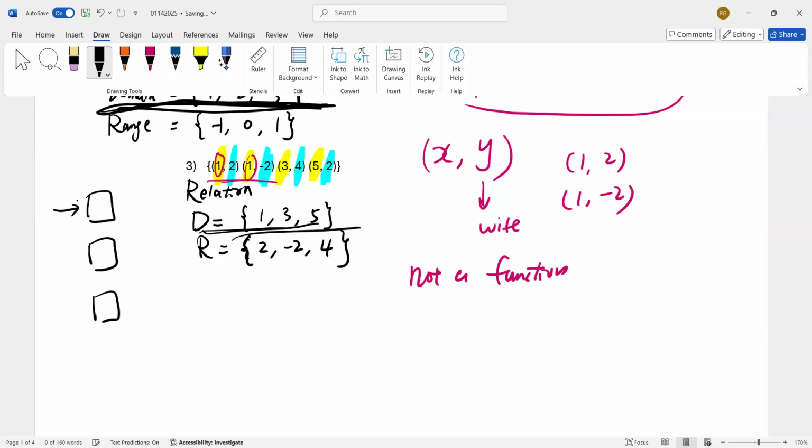If we give the machine input 1, we would have 2 different outputs, right? 2 and -2. So we don't even have to continue. The machine produces 1 output for input 3, 1 output for input 5, but for input 1, the machine produced 2 different outputs. So that ruined the chance for the relation to be a function, right?